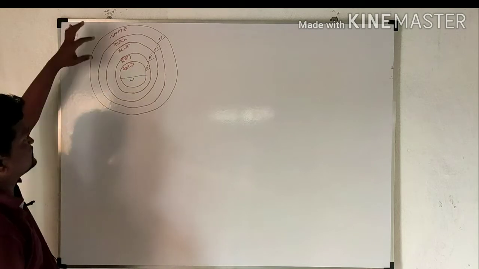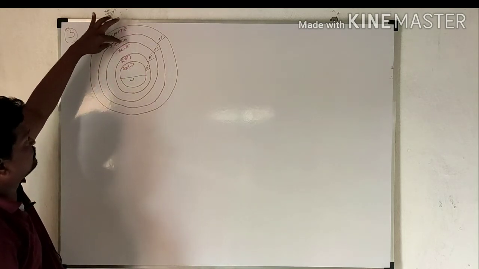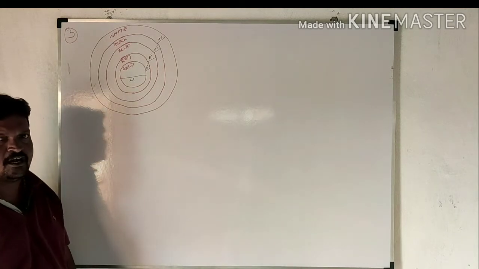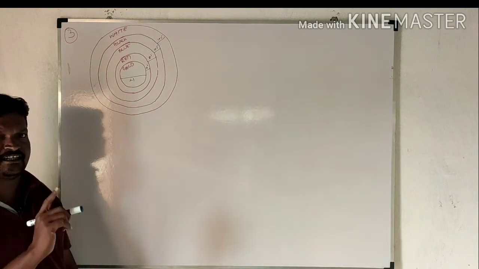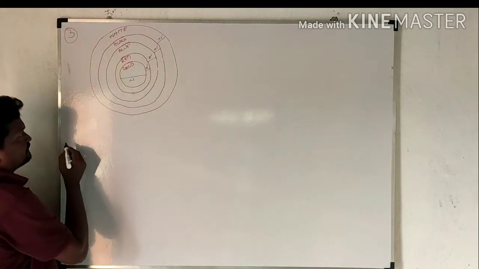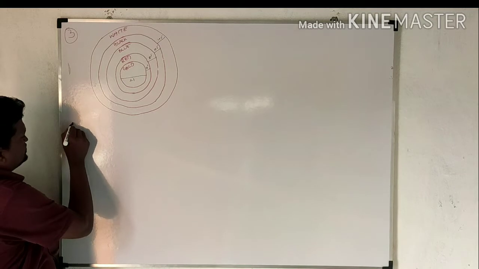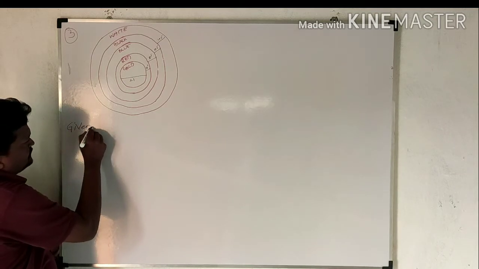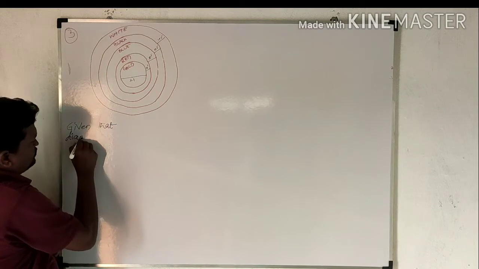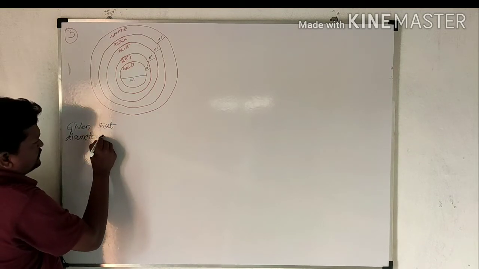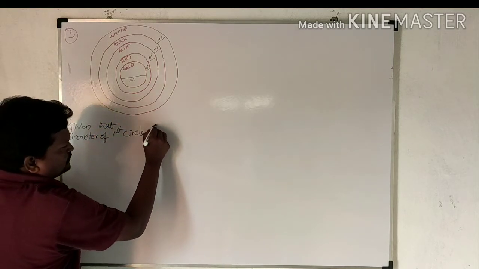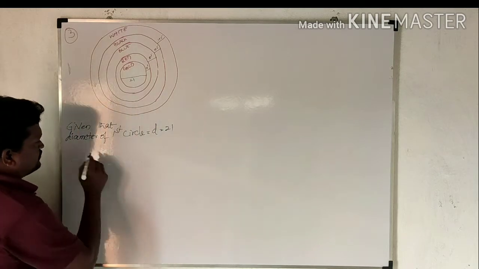Let this be the first circle, second, third, fourth, fifth, all 5 circles. We have to find the areas of 5 circles. To find the area of a circle we need the radius. Here it is given that the diameter of the first circle is D equals 21.